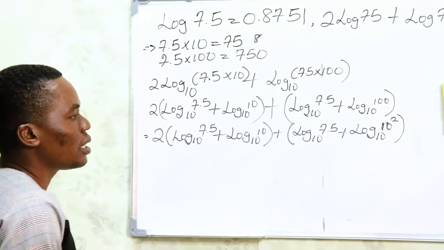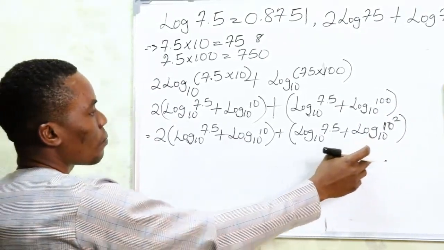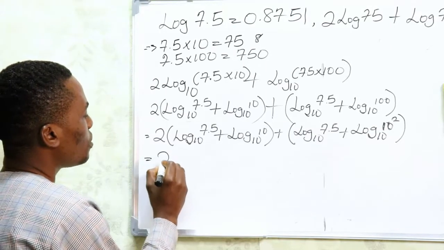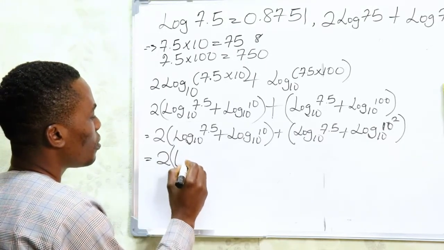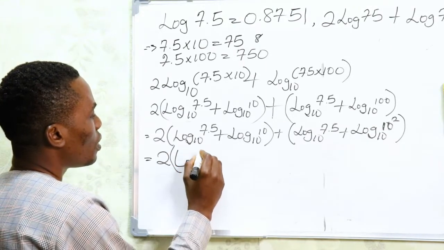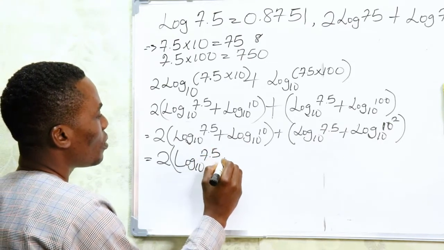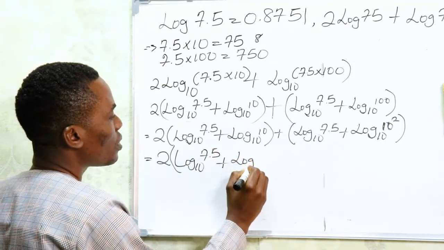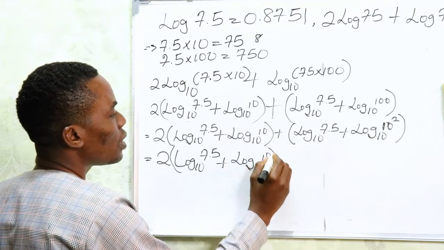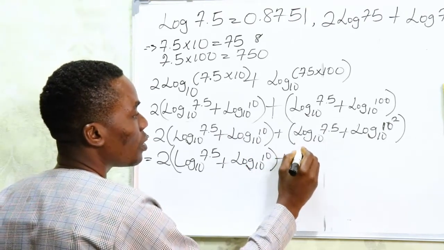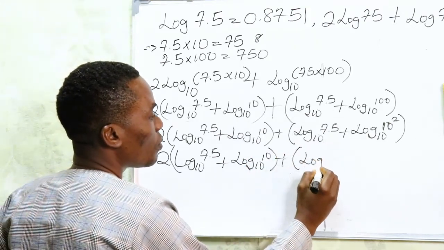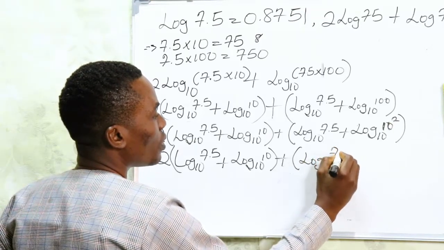I guess you get that. Now let's look at that. This is going to give us 2 into log of 7.5 plus log of 10 base 10, hope you're following, plus log of 7.5.